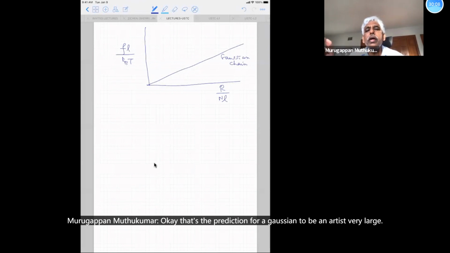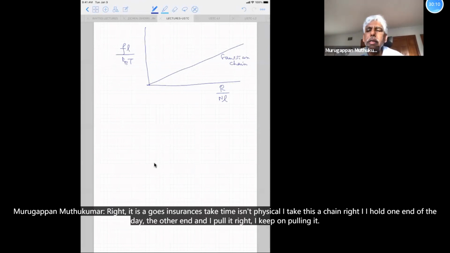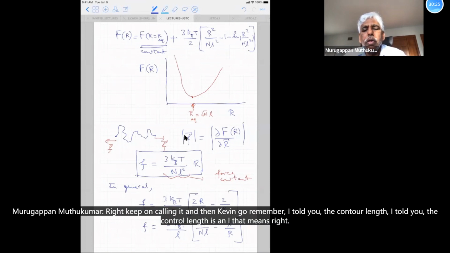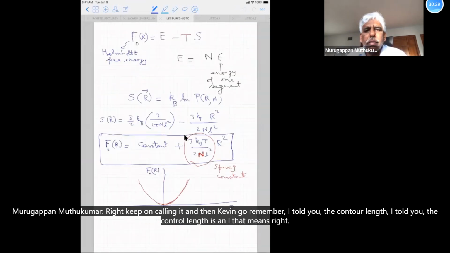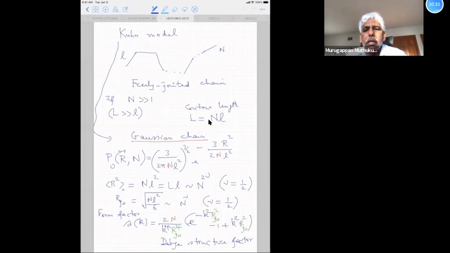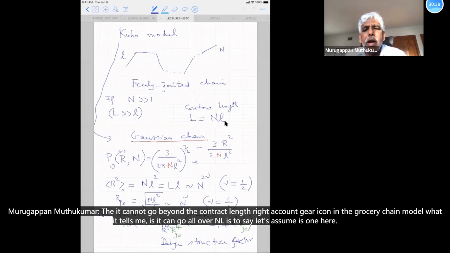When R is very large, the Gaussian chain is a straight line. Is it physical? I take this chain, I hold one end, and I take the other end and pull it. I keep on pulling it. Can I go on? Remember, I told you the contour length is NL. That means it cannot go beyond the contour length.